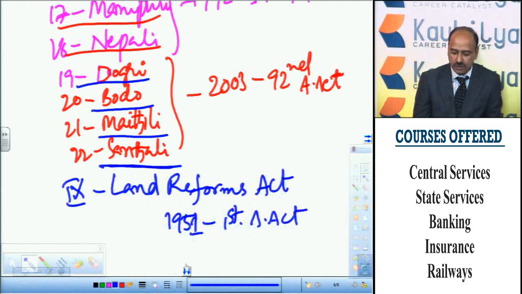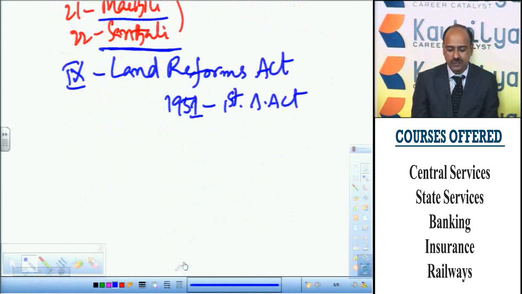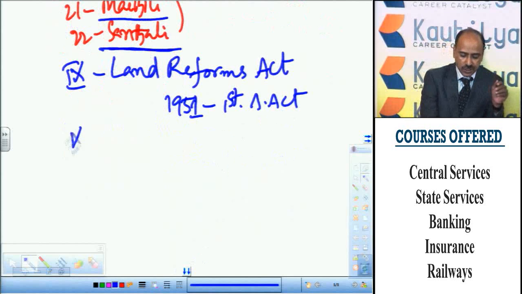Under Article 31A, 31B, 31C, land reforms are explained. For adding these land reforms, the Constitution was amended. It is the First Amendment Act. We want to identify land reforms in our Constitution, we go to the 9th Schedule of the Constitution. 10th Schedule, anti-defection law.